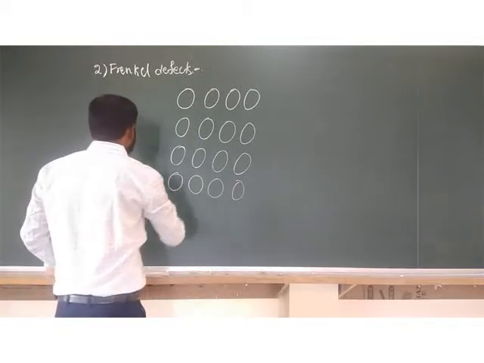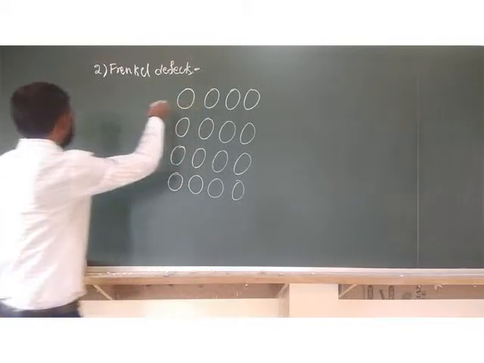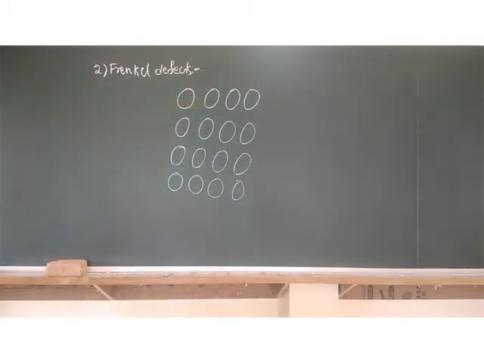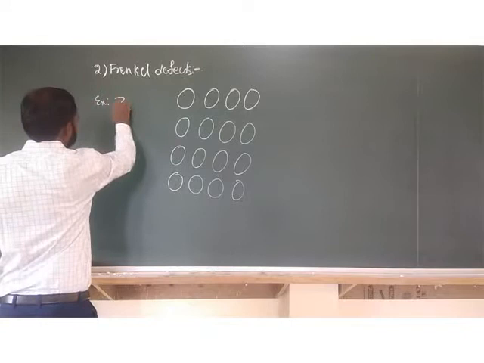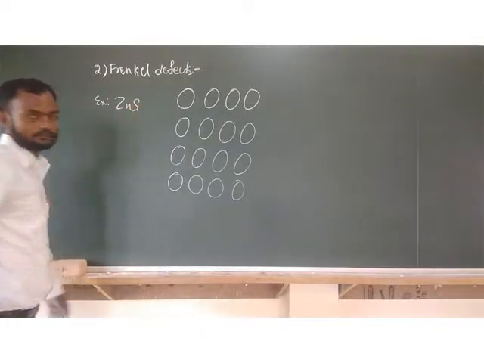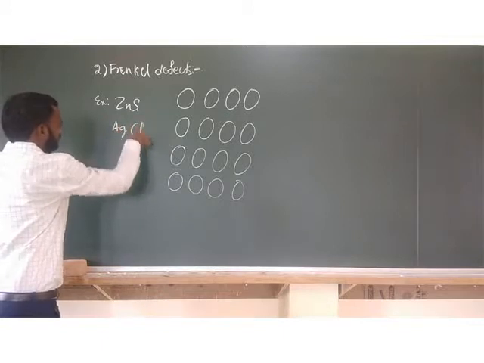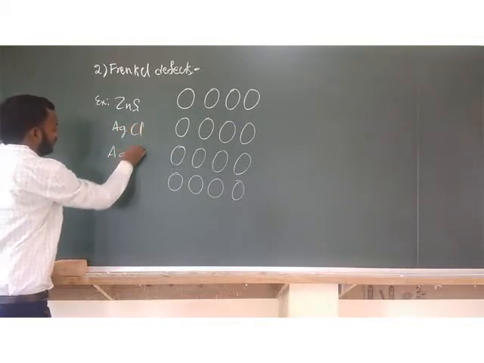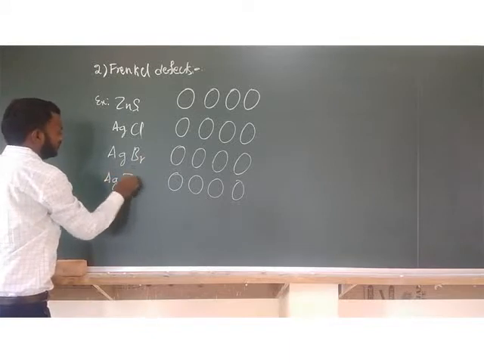For example, let us take an example. One important example is silver chloride AgCl, or AgBr, or zinc sulfide. The second one is AgCl or AgBr or silver iodide AgI.